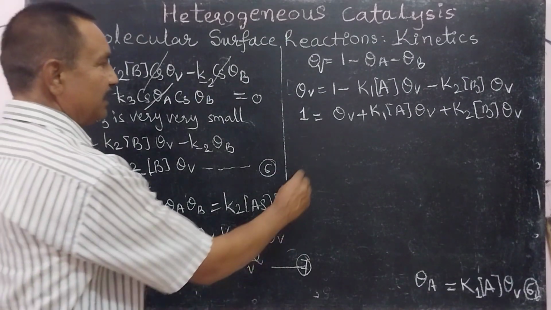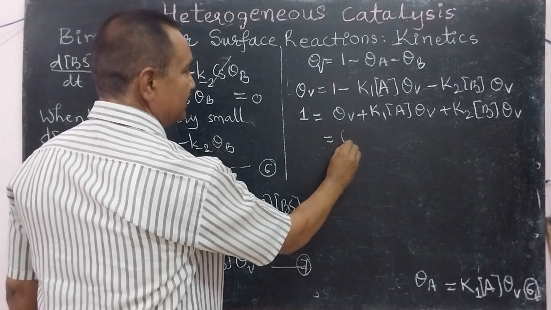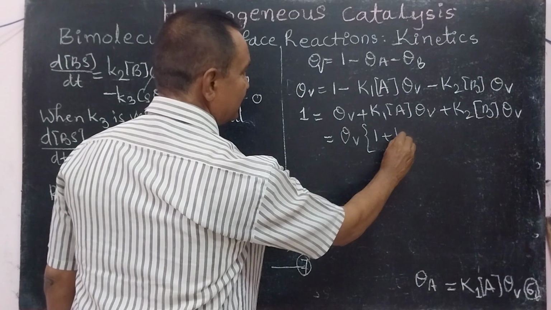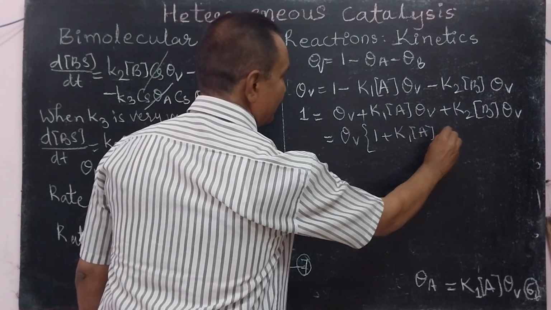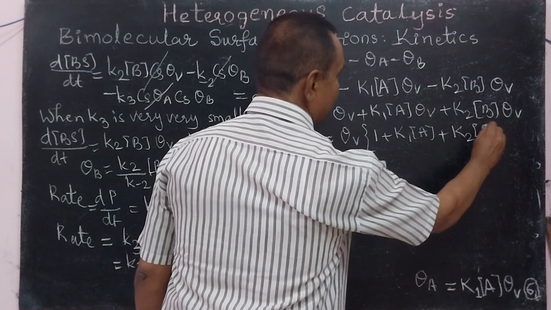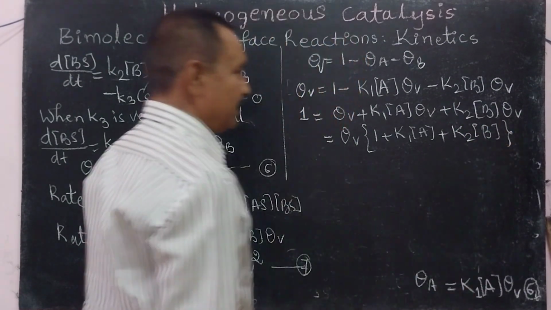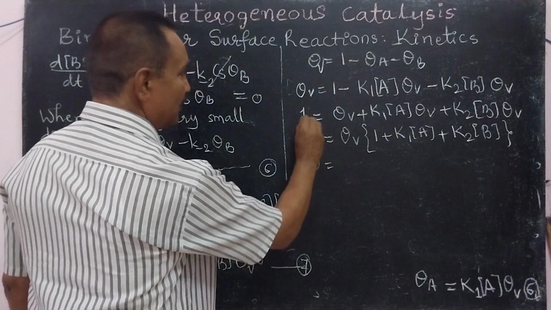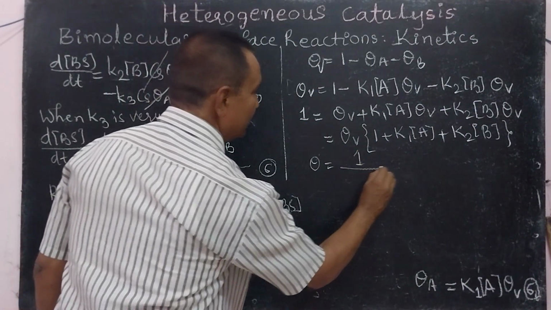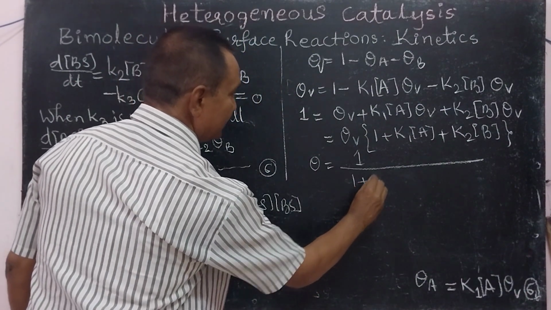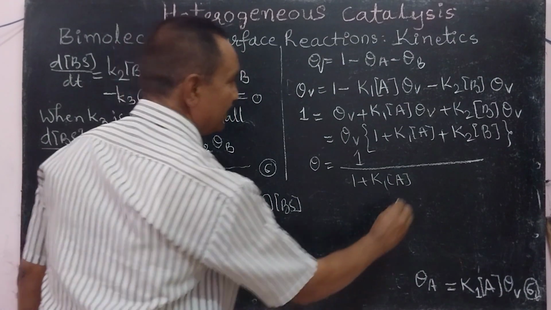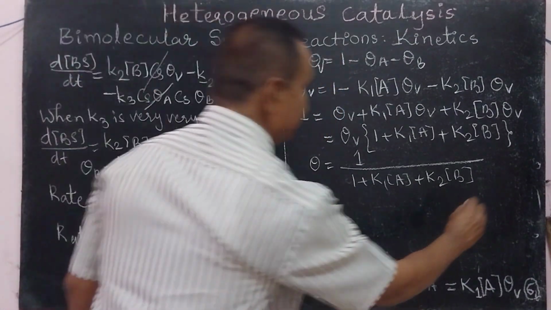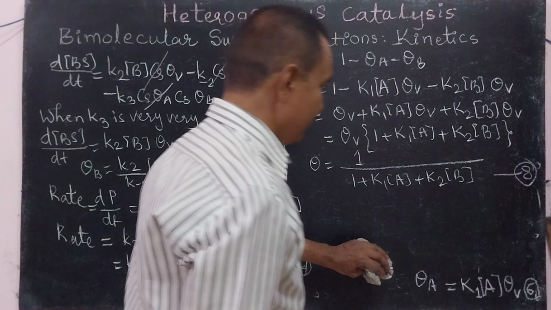By taking this common, that is theta phi into bracket, that is 1 plus K1 A plus K2 concentration of B. Okay, then we may represent that theta phi equal to 1 divided by 1 plus K1 A plus K2 B. Suppose this is equation 8.